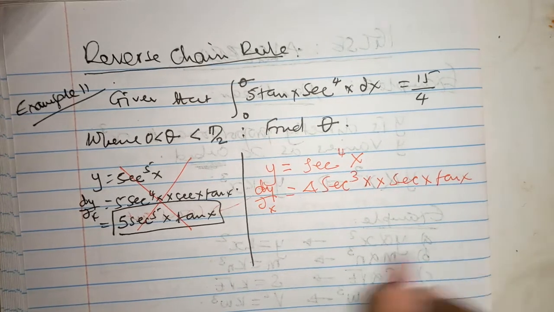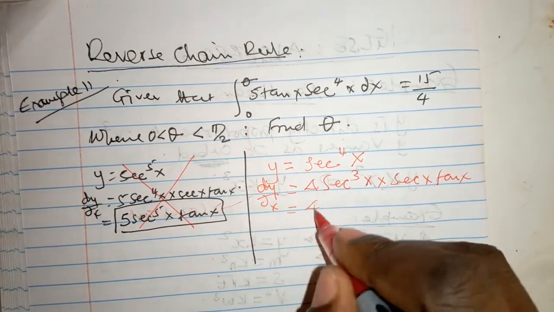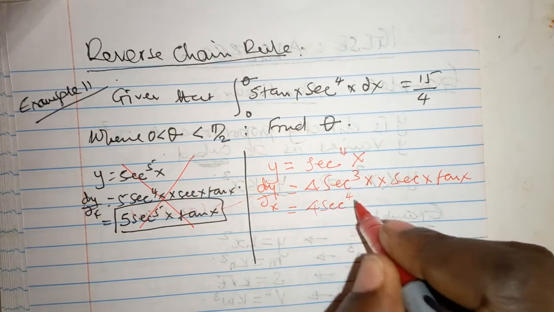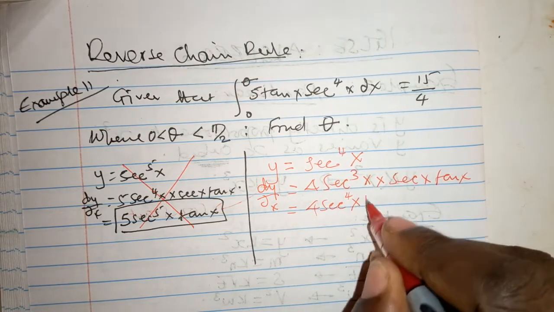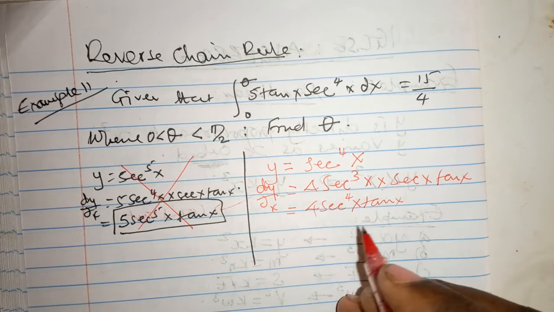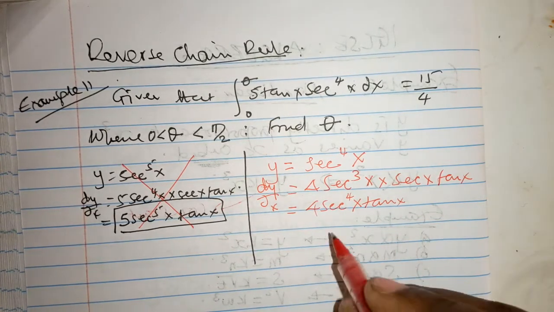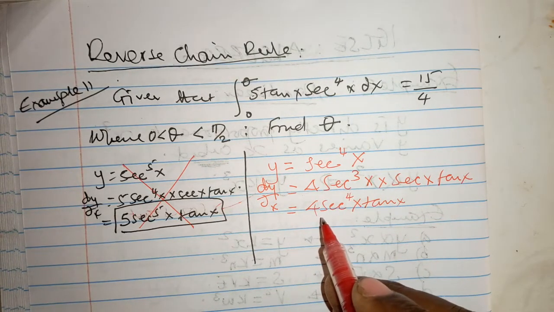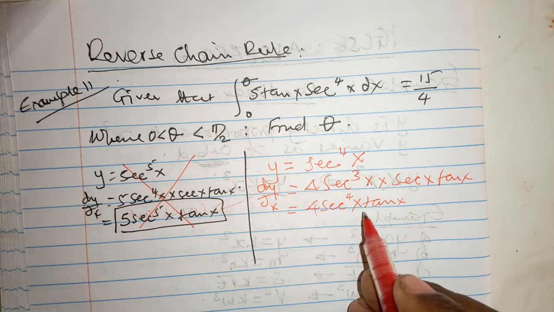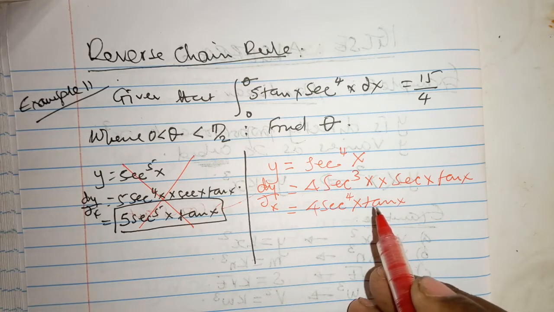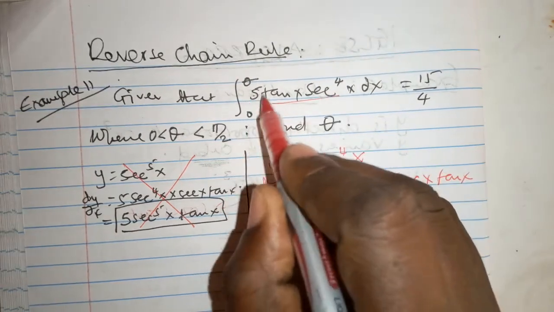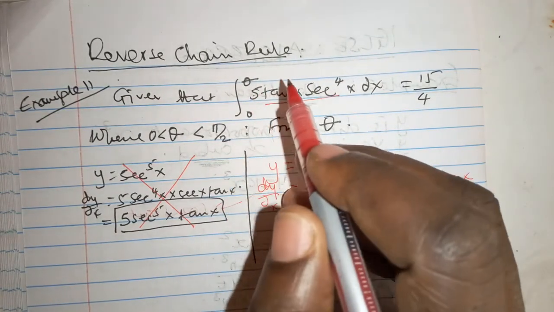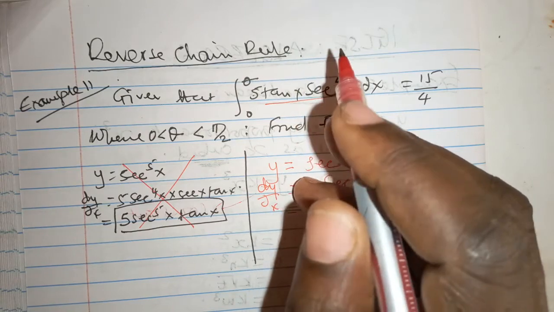And this one now gives us 4 sec to power 4 of x, because of these 3 and this 1, tan x. And look what we have. We have 4 sec to power 4 of x times tan x, which is agreeing so much.